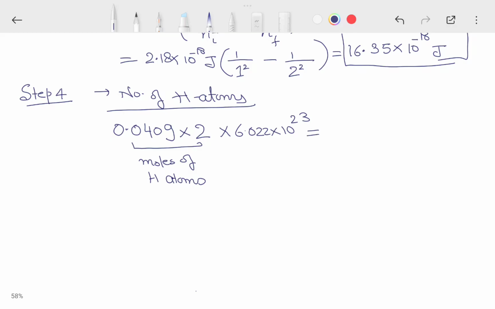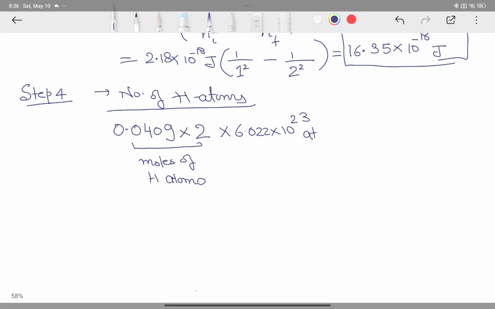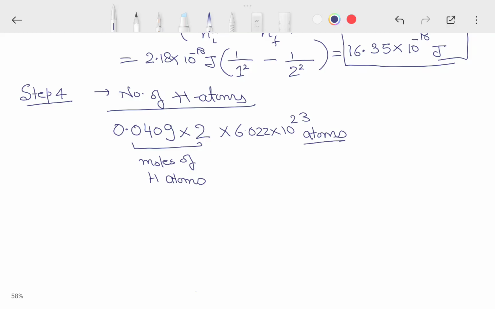On multiplying this, now we get the number of hydrogen atoms. So this is Avogadro number. You can write down here number of atoms per mole. So mole and mole will get cancelled and we get the hydrogen atom.